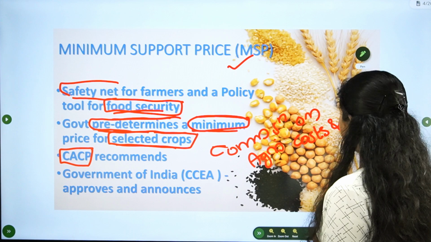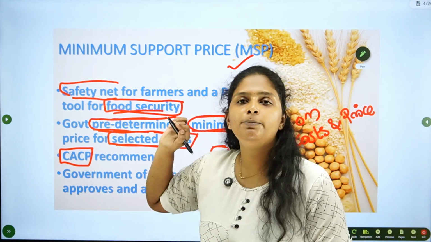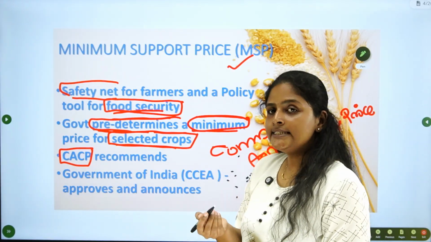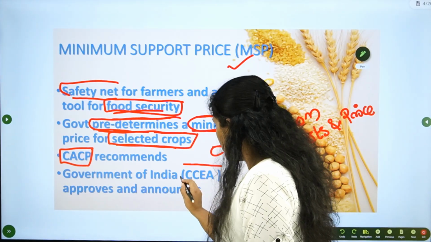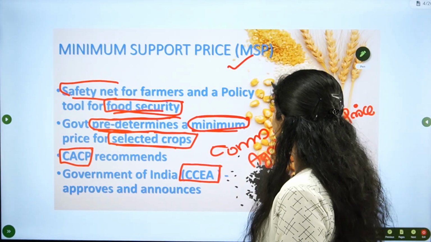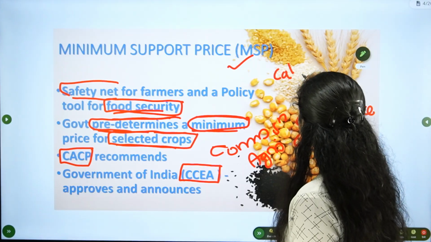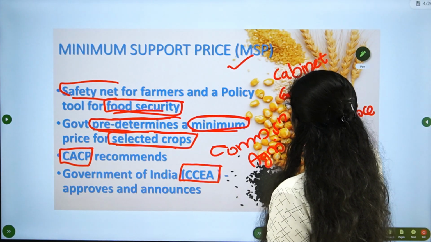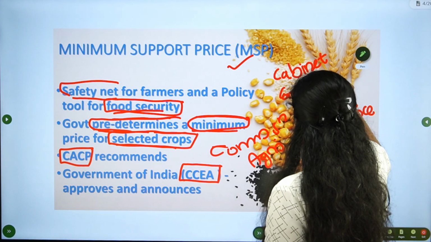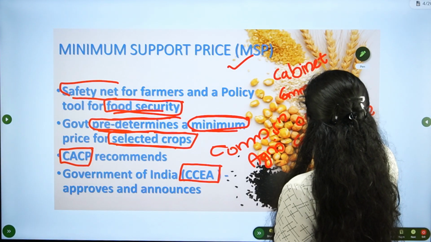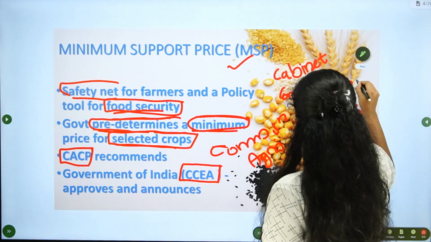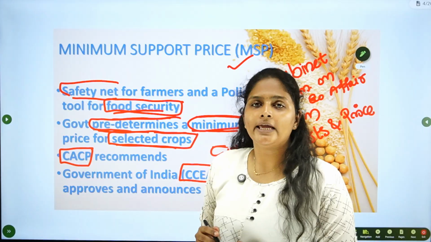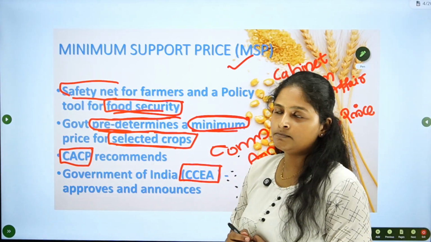This organization recommends what should be the MSP, and this recommendation is examined by something called CCEA or Cabinet Committee on Economic Affairs. They finalize this price, they approve this price and they announce this.